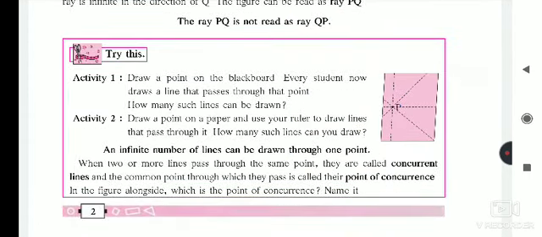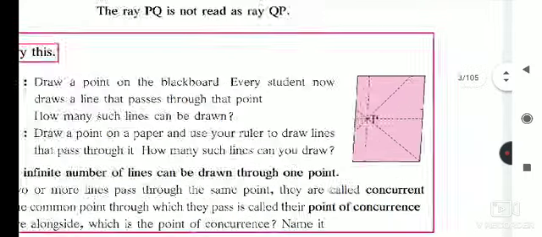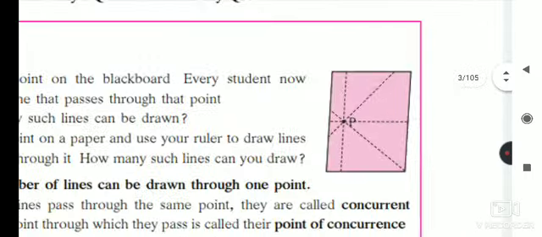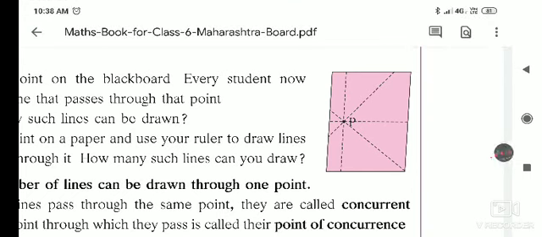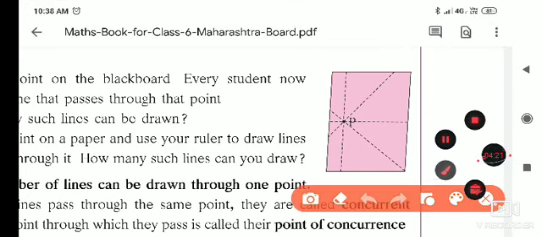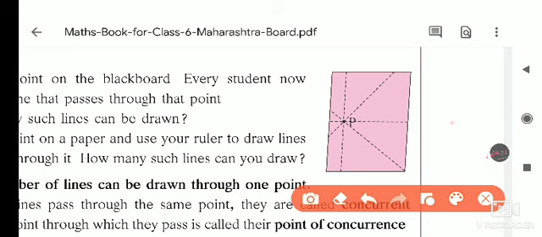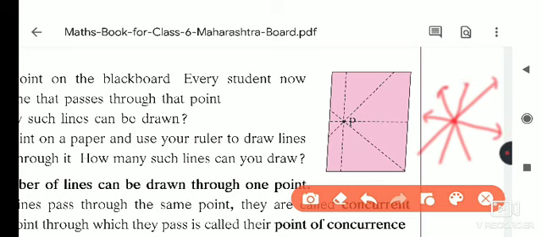After that we saw this activity, and for that I told you, if we take a point here, suppose this is the point, then through this point how many lines can pass? Yesterday we saw that a number of lines can pass through a single point.